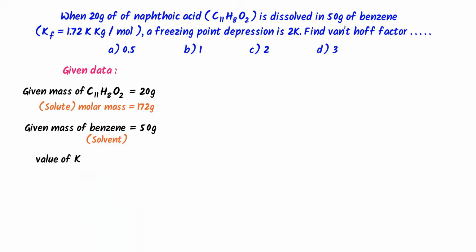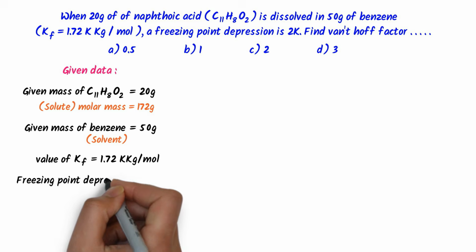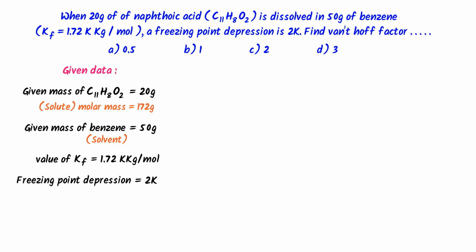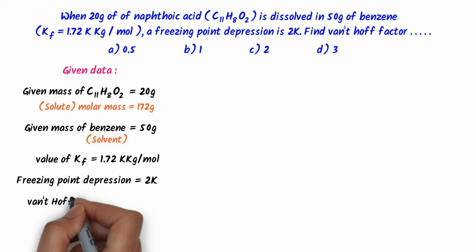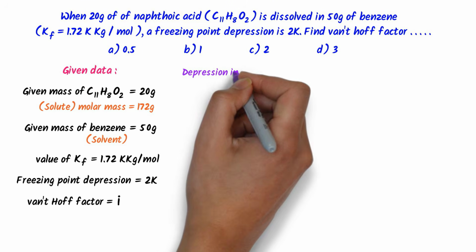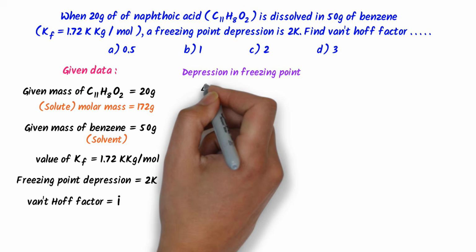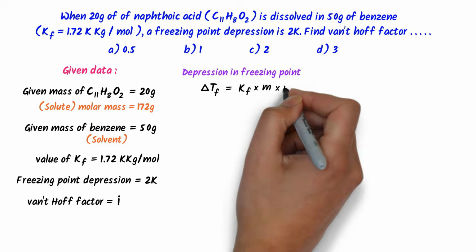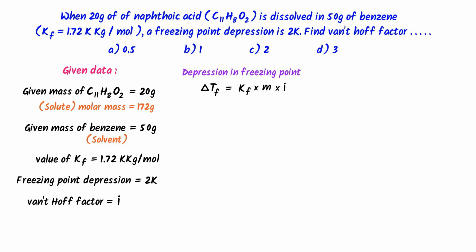The value of Kf is equal to 1.72 kg Kelvin per mole. The freezing point depression is 2 Kelvin. We are asked to find the Van't Hoff factor i, which is unknown. Now we know that depression in freezing point, del Tf, is equal to Kf into m into i.